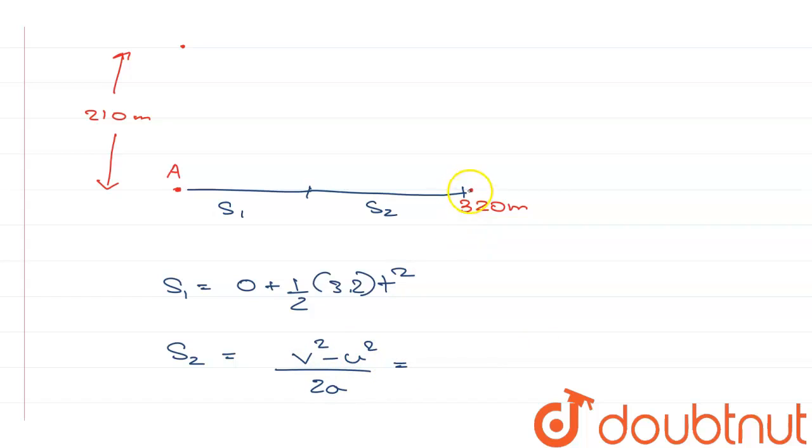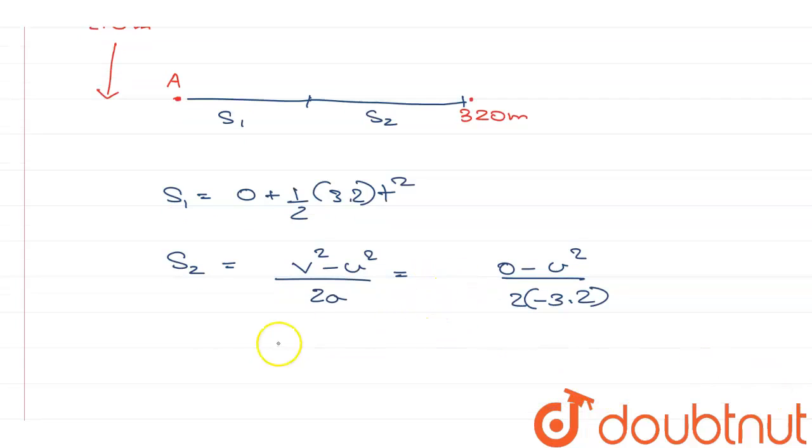V, that is the final velocity for S2, will be 0 because finally it is at rest. So 0 minus u square upon 2 into acceleration, which will be minus of 3.2 because it is retarding with that acceleration.